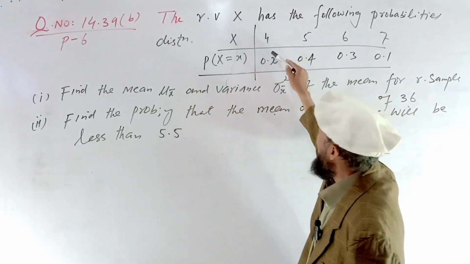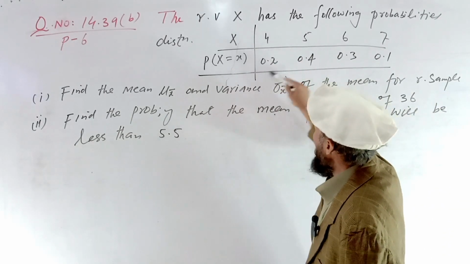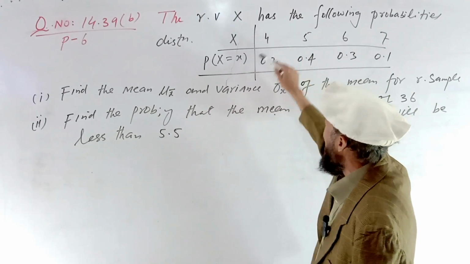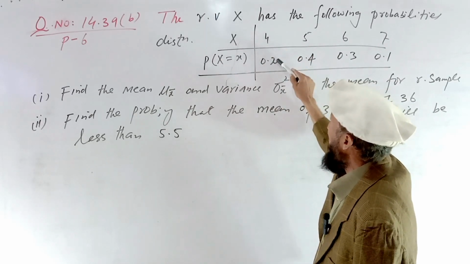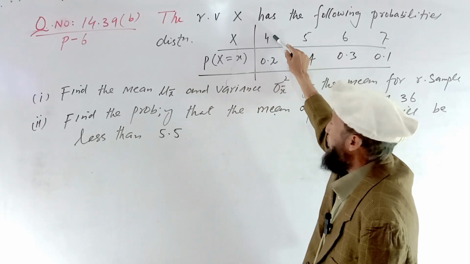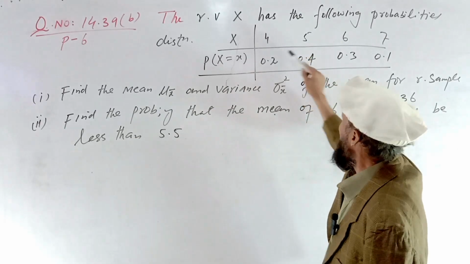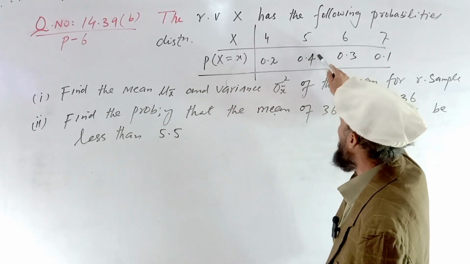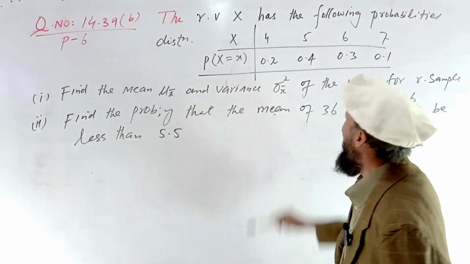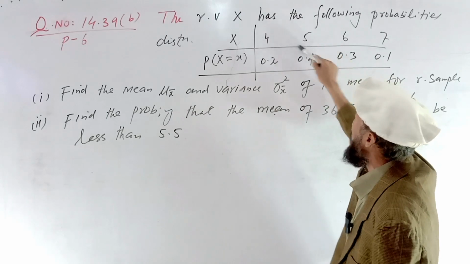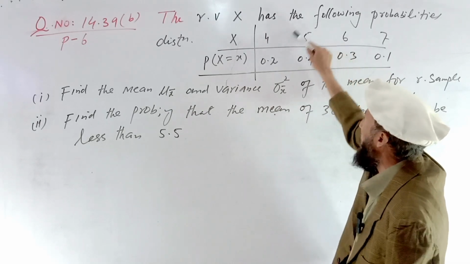So first of all, the probability 2 divided by 10 means that the population has 4 and 4. Similarly, 4 divided by 10 means that 4 items are repeated, that is, the population is 5, 5, 5, 5.